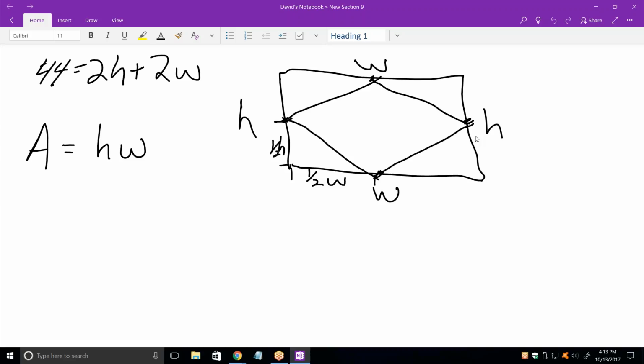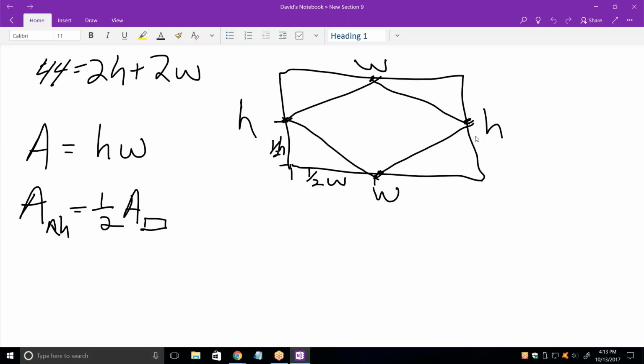Actually, I know that the area of the rhombus is half. Okay, now I got it. The area of the rhombus is 1/2 the area of the rectangle.